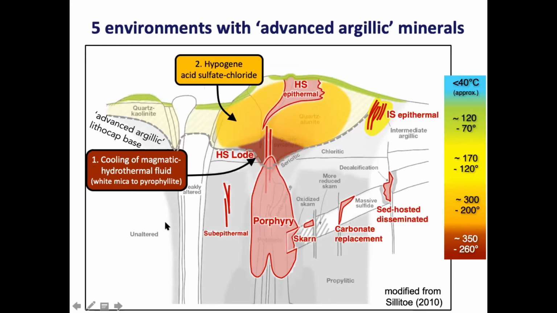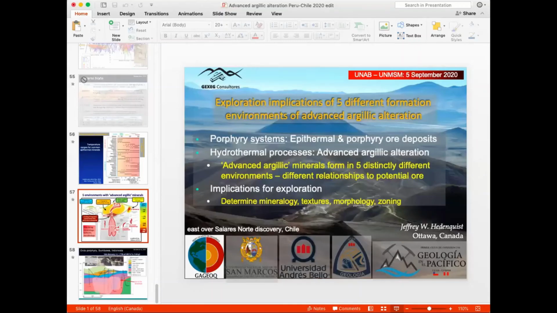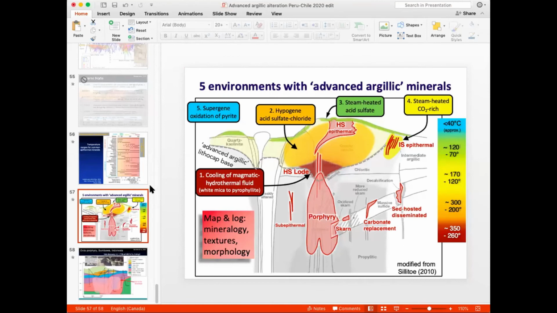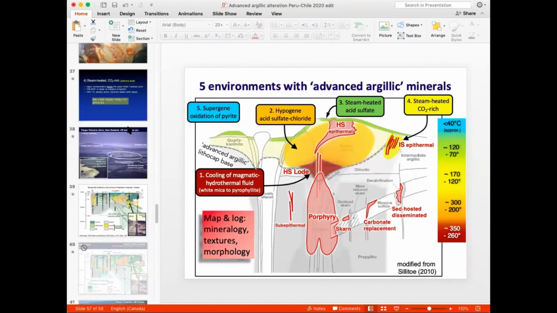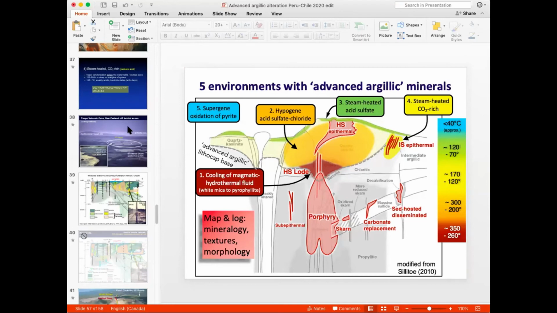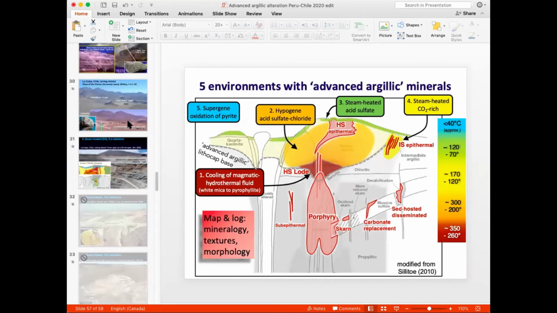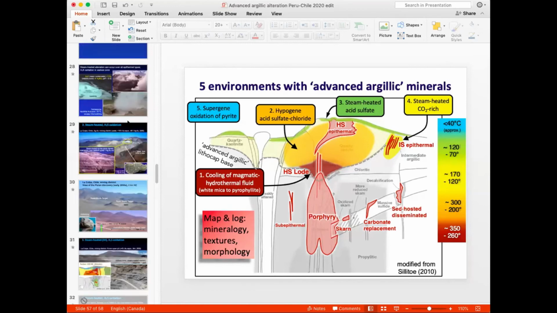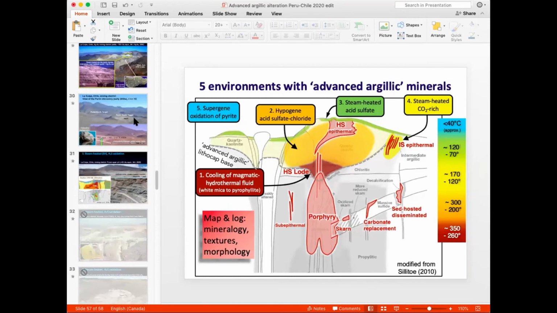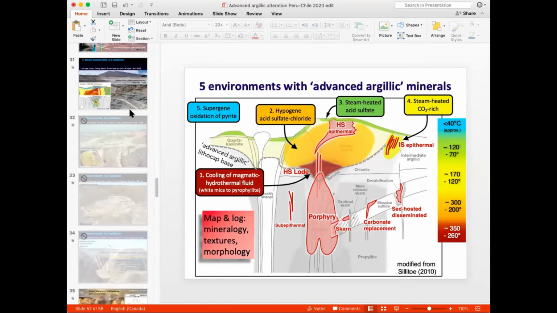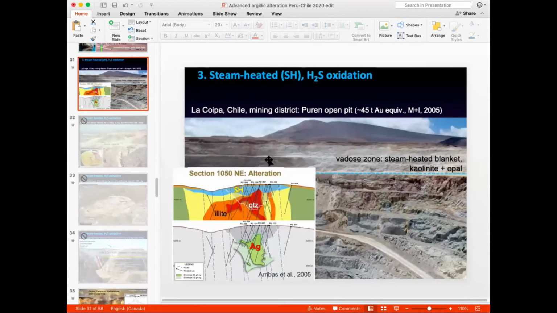Absolutely. Because, let's see, how about if I go back here? Steam heated. What's a good steam heated zone? What would be a good example? Well, why not Puren? And I'll just leave it like this for the time being.